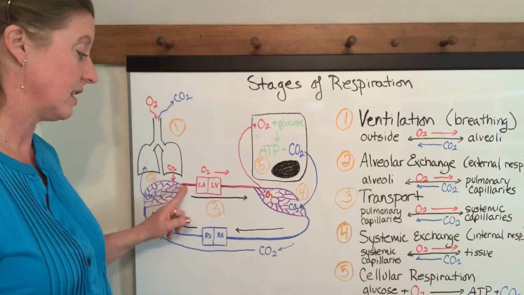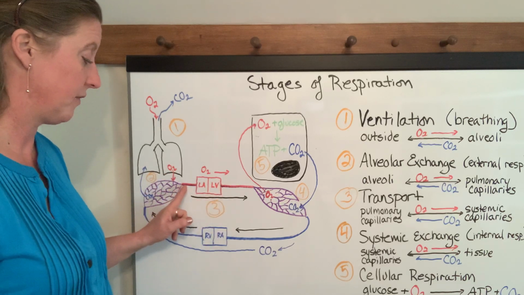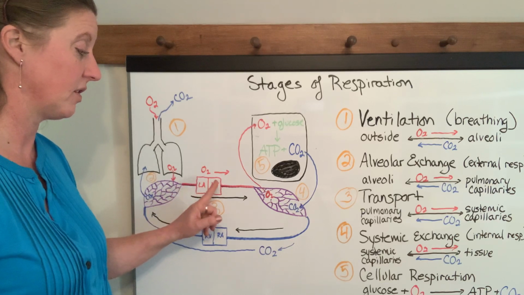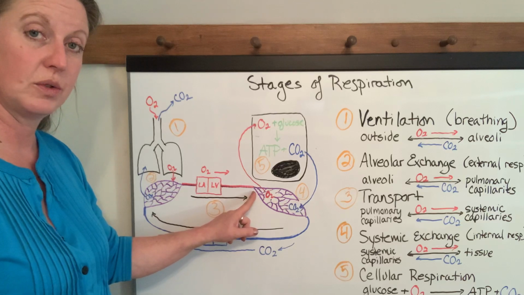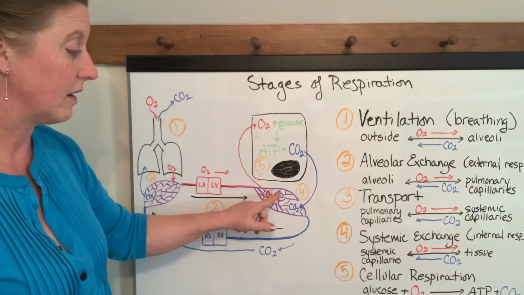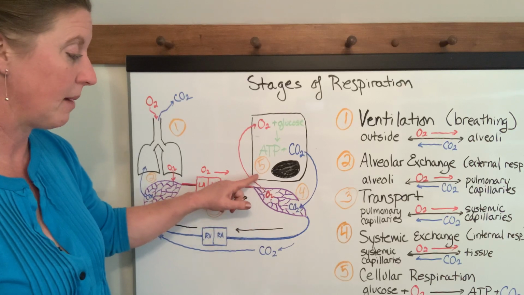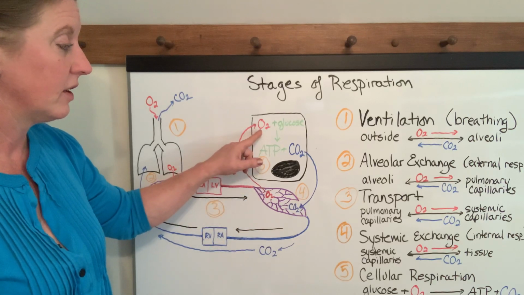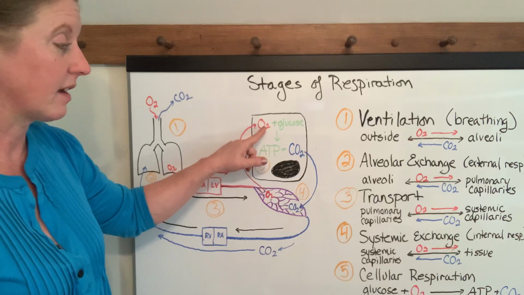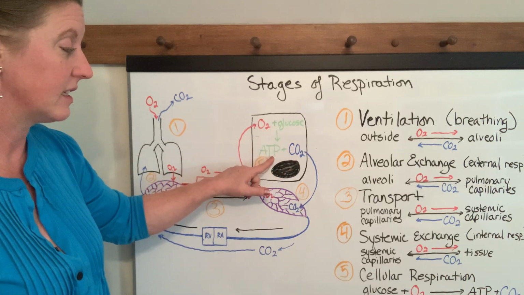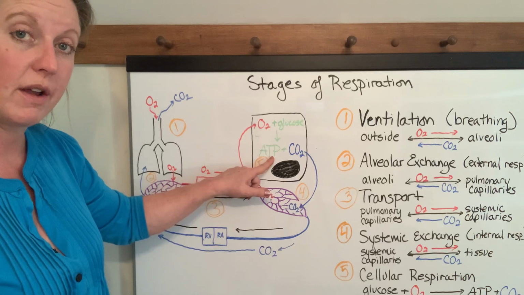That oxygen is then carried through from the pulmonary veins into the left side of the heart and then out into the systemic circuit. When it reaches systemic capillaries, it diffuses out of the capillary into the tissue. The cells pick up the oxygen and have glucose and use that to make ATP. So the oxygen is gone.